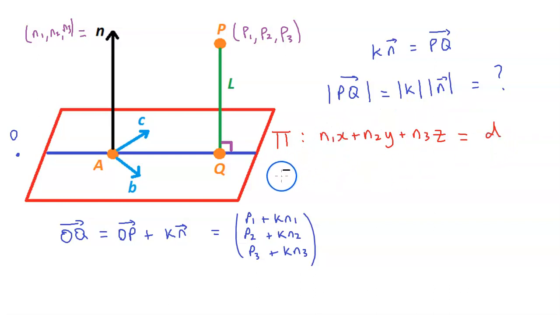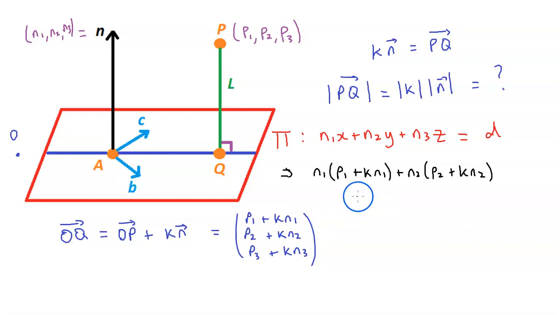And so from this, we get that n1 times P1 plus K times n1, plus n2 times P2 plus K times n2, and then for z it's n3 times P3 plus K times n3. Then this is equal to d.